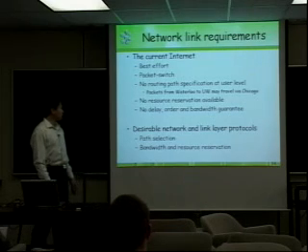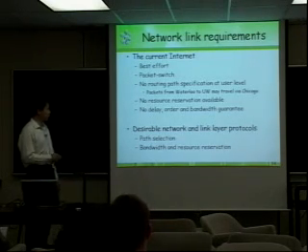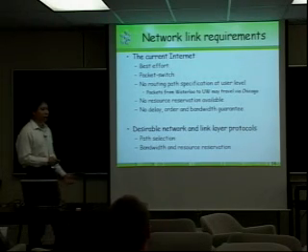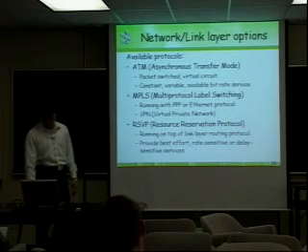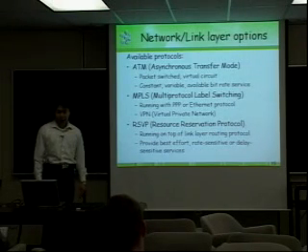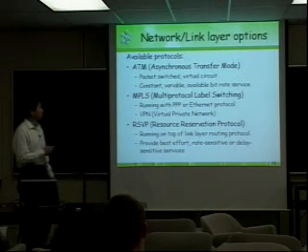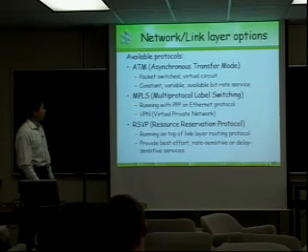So we know that the desirable network and link layer protocol needs to provide functions for path selection and also for bandwidth and resource reservation. There are some currently available protocols. The first one is ATM, which stands for asynchronous transfer mode. It is also packet switch based.